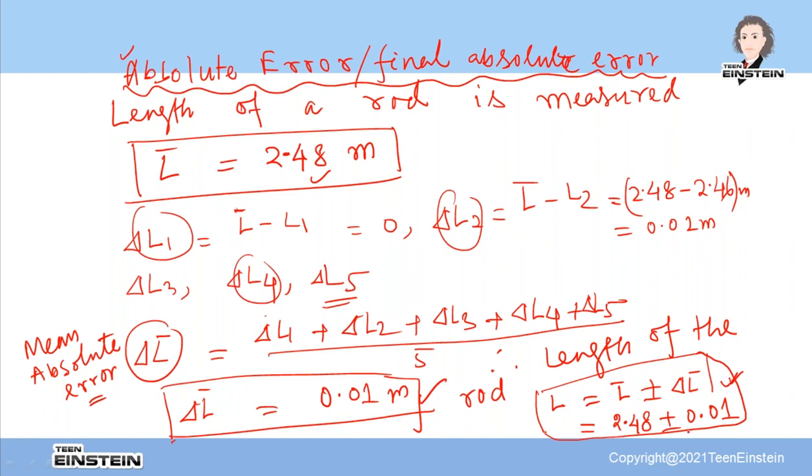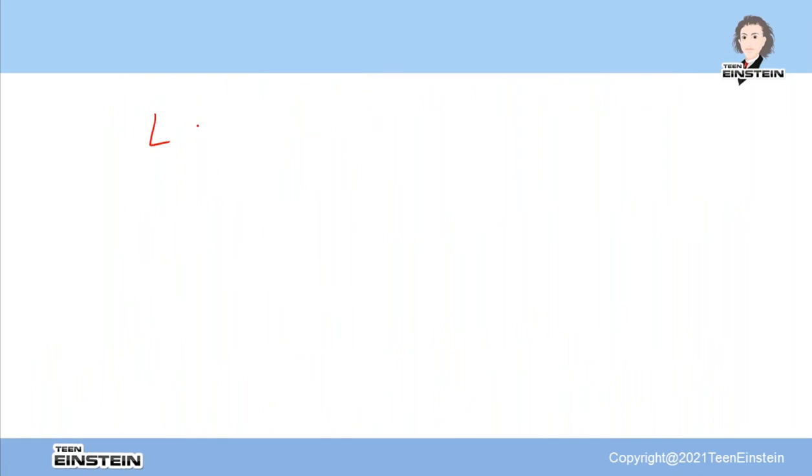So what does this mean? I'll write it once again. This L average plus or minus delta L average means the length can vary between two values.